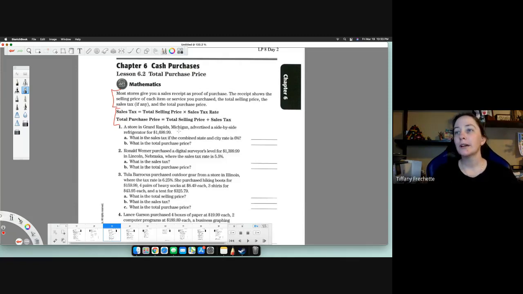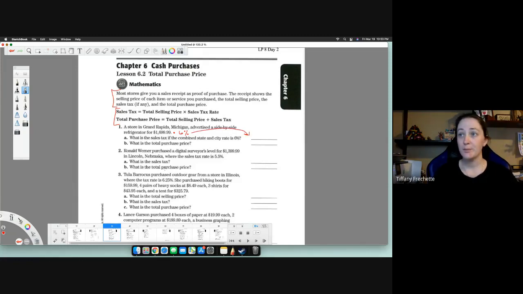A store in Grand Rapids, Michigan advertised a side-by-side refrigerator for $1,699.99. What is the sales tax if the combined state and city rate is 6%? So this is very similar to what we started out with in section 1. We're just going to take this amount and multiply by our percentage, and that will give us our sales tax.